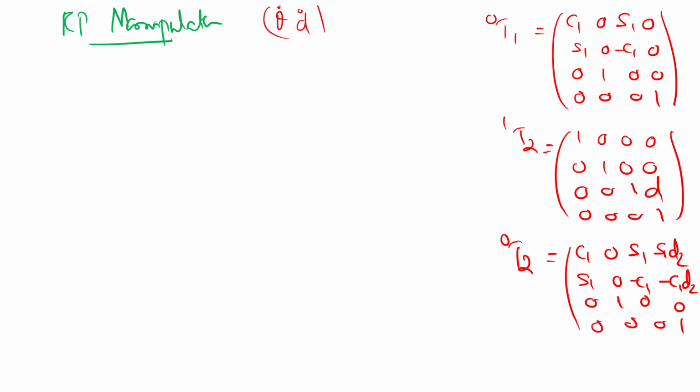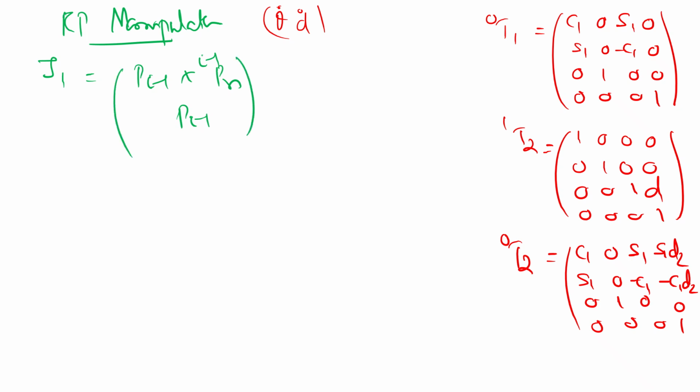Okay, so let's do the Jacobian. First is J1. J1 is a rotary joint, so the Jacobian formula is P(i minus 1) cross P(n) minus P(i minus 1), then P(i minus 1).